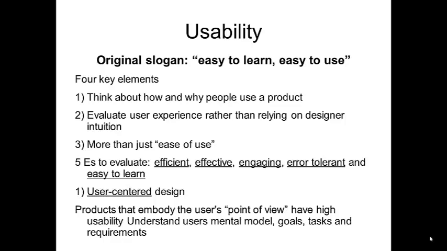If you design your system so that it maps on top of users' existing models of the world, chances are you'll end up with a better product because it's more intuitively understandable. You also have to understand the user's goals, the tasks they need to do, and the tasks they have to undertake to meet the various requirements of their job or the system.